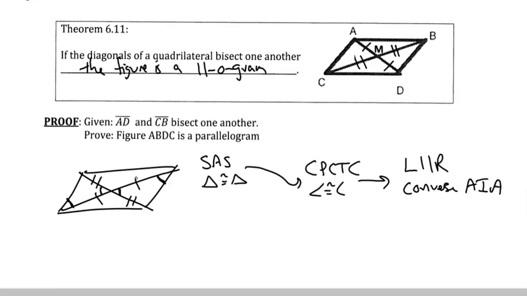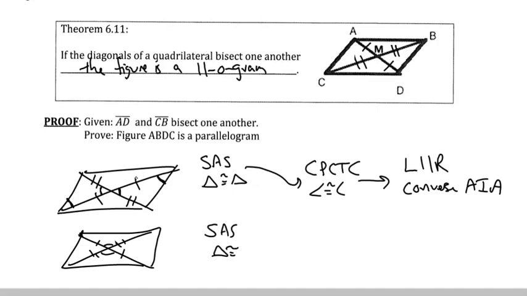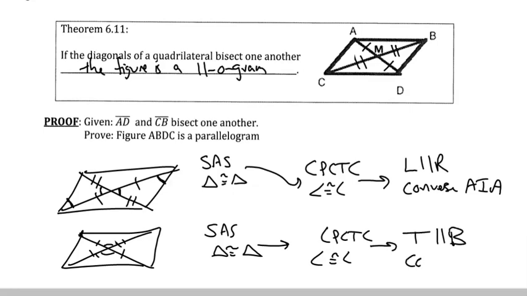Now you kind of actually have to do it over again. So you go over, and now instead of working with the left and right triangle, you'd work with the top and bottom triangle. So once again, they'd be congruent by SAS, which would lead you to knowing the angle is congruent to the angle by CPCTC. And now you know the top is parallel to the bottom by the converse of AIA again, because now we would know that that angle was congruent to that angle.